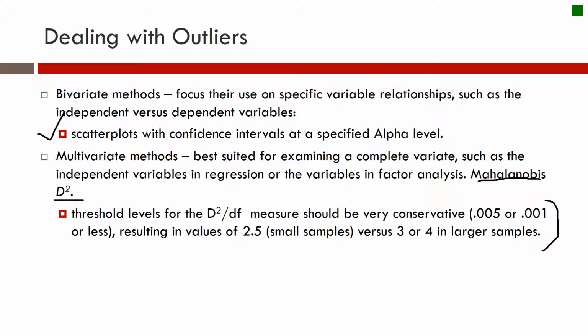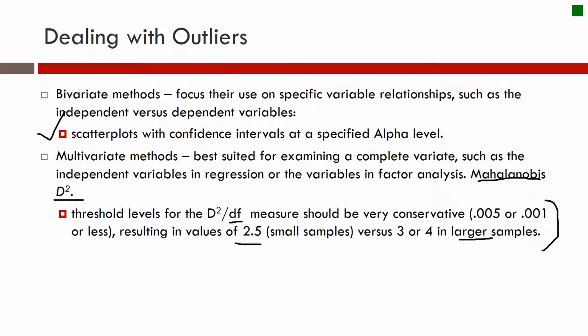The Mahalanobis D-squared divided by the number of degrees of freedom should give us a measure, and the value that we would look for would be between 2.5 and 3 to 4, depending on the sample size.